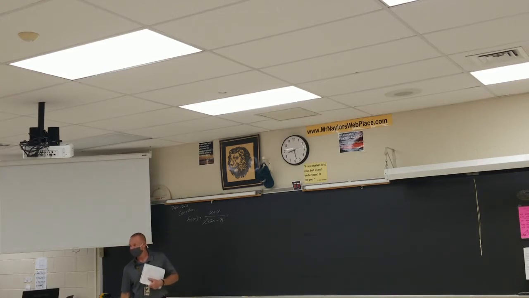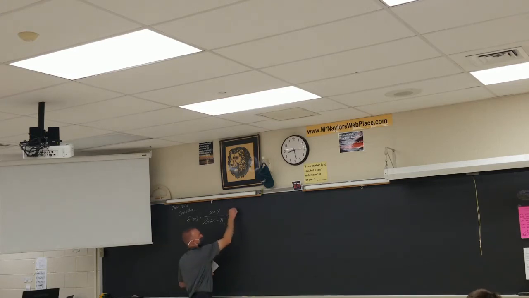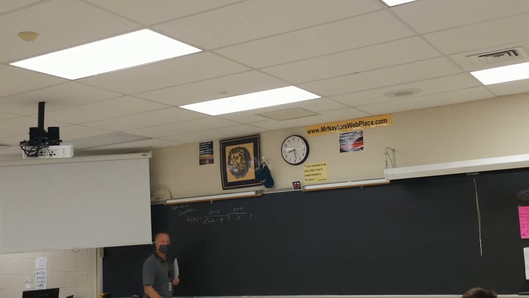It's just good advice because when something is in factored form, you might be able to see it a little differently. You might be able to notice something. And besides, it's much easier to figure out what makes the denominator equal 0 when it's in factored form.